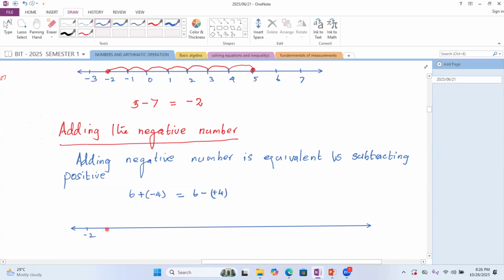Minus 2, minus 1, 0, 1, 2, 3, 4, 5, 6, 7, 8.